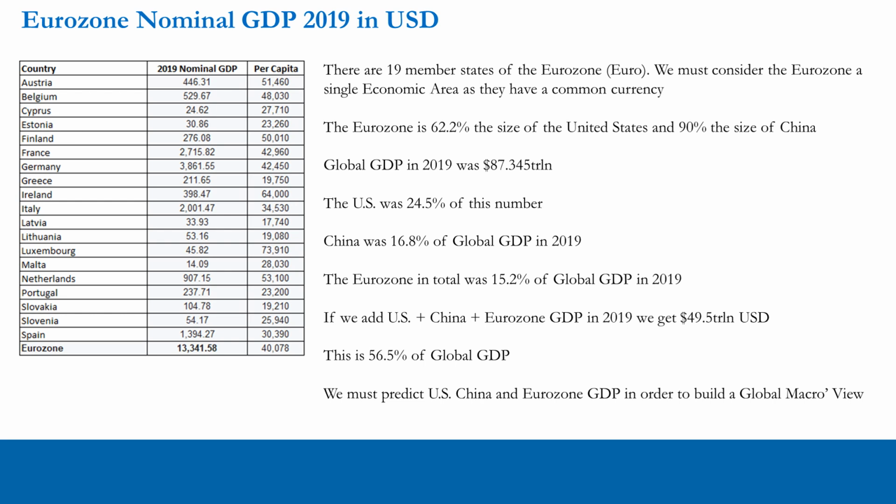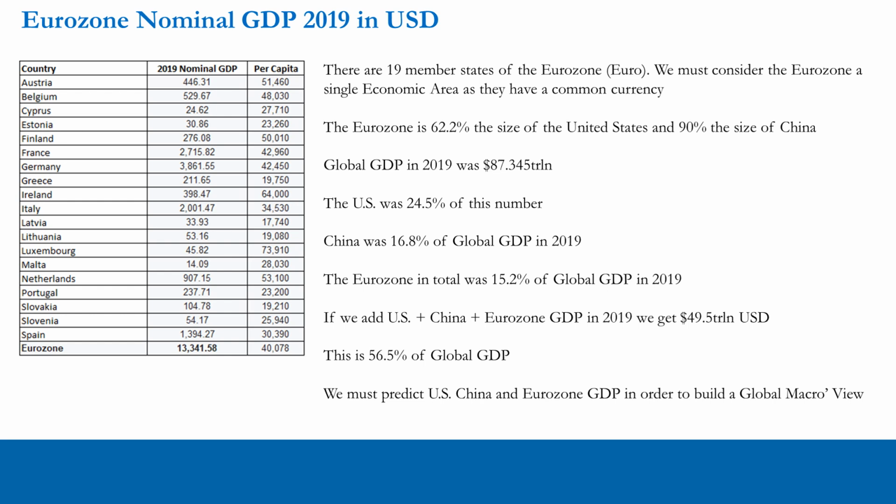If you look on the left-hand side, the Eurozone is made up of the 19 states with the GDP stats for 2019. And at the bottom of the table, you can see the total Eurozone GDP number for 2019. Now, in 2019, global GDP was 87.345 trillion US dollars.